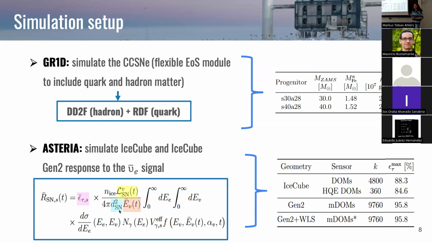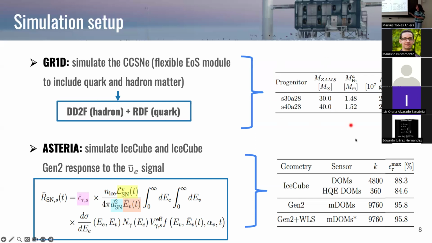The detector configurations that I'm using are IceCube, regular IceCube with the optical modules, and then the high quantum efficiency modules that are in the DeepCore, a more densely populated area of IceCube where we have more and better optical modules.